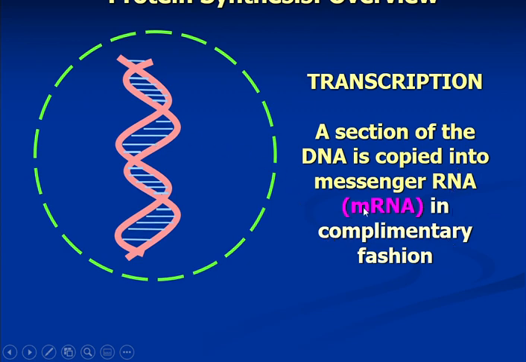So we're creating this mRNA strand based on a certain sequence of DNA. Now, it's not the whole DNA that I create into an mRNA. I only need to use the short section that I want to create the protein from. I'm only interested in this section for this protein. So I'm going to make the mRNA strand from just that section alone.